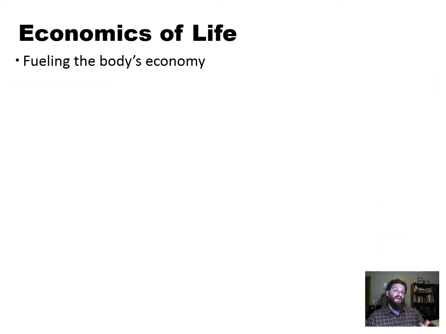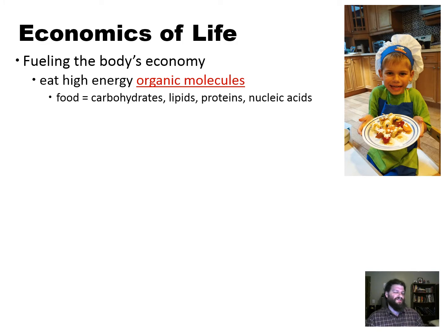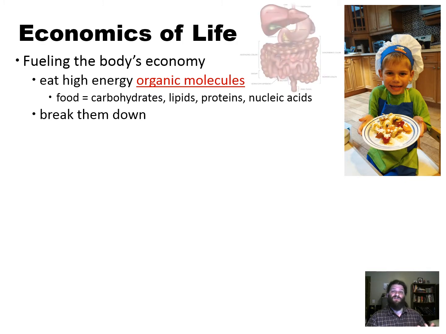Just like there are theoretical crossovers between economics and ecology, we can use an economic lens to look at the economics of a body system and how we have to consume real high quality, high calorie foods, delicious carbohydrates and lipids and proteins and even nucleic acids. Our body's going to break them down. It's the job of our digestive system to bring them into a form that can be absorbed.